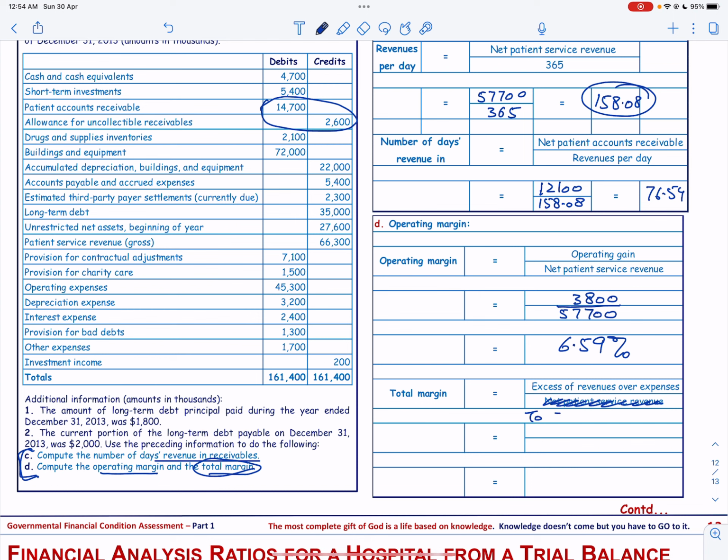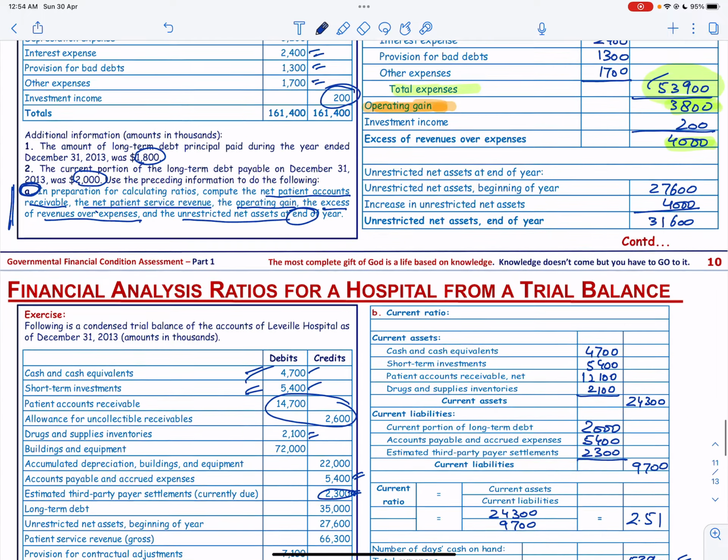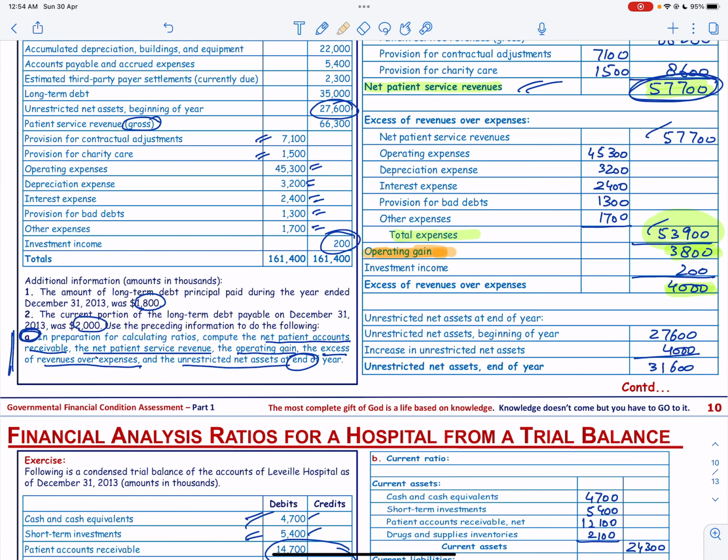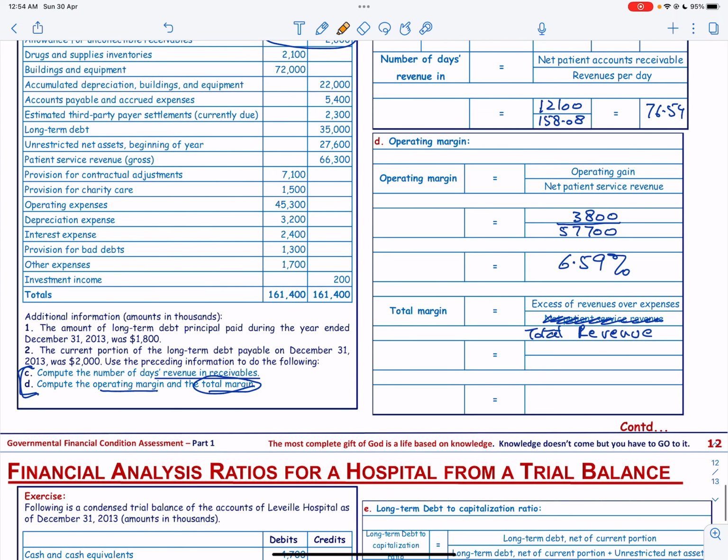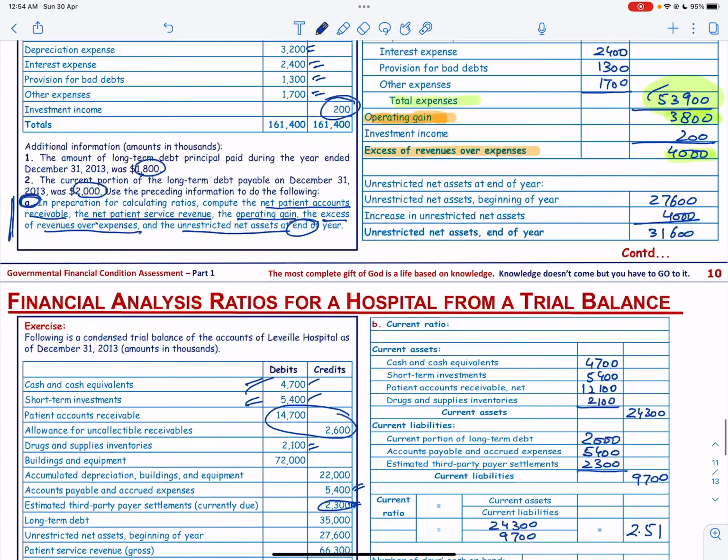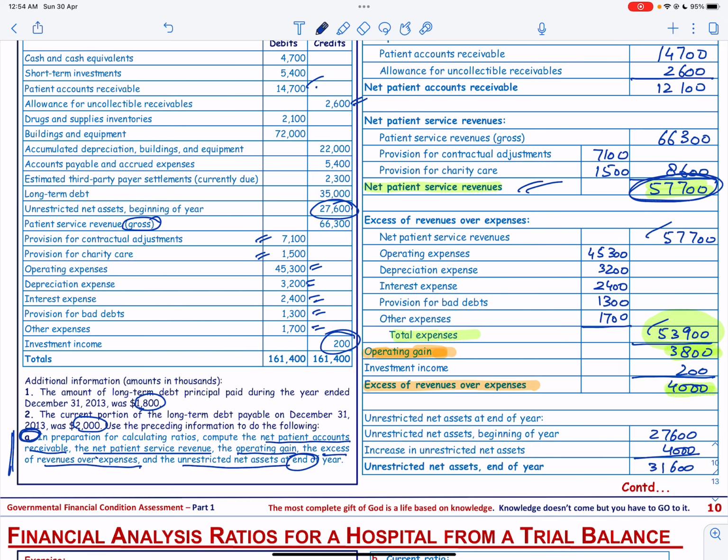Excess of revenue over expenses was 4,000 divided by total revenue, and the total revenue was how much?